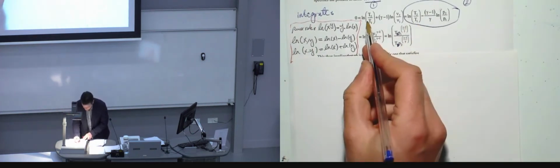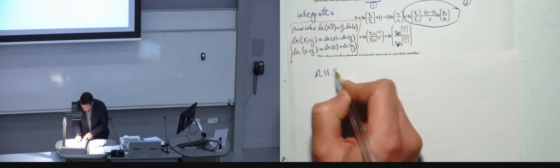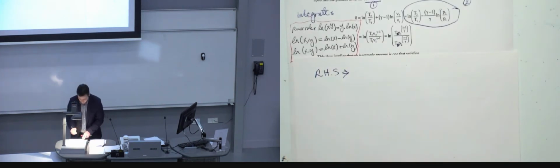Actually, let's just look at the right-hand side, because the left-hand side is quite straightforward. So the right-hand side of the equation, we've got ln of T2, so which way would be best to do it? Okay, so T2, P2, T1, P1.